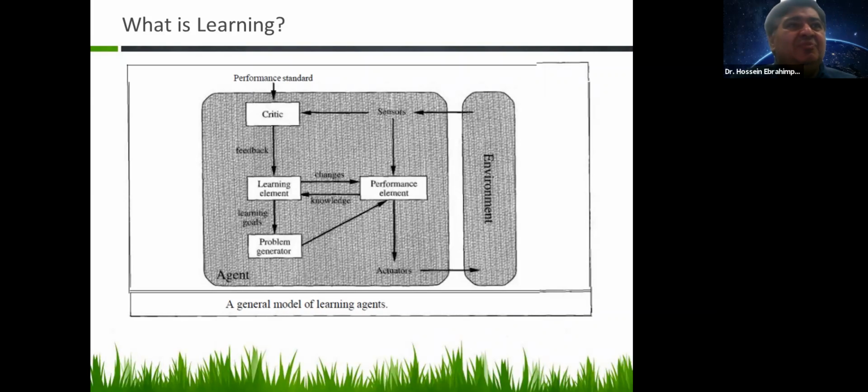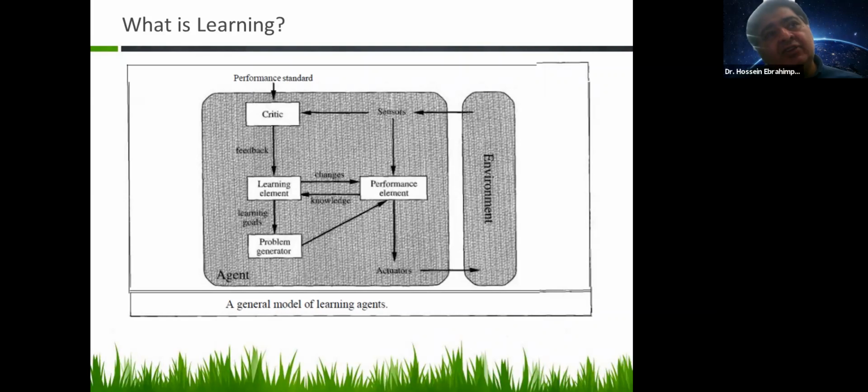But if you don't get any punishment for that action, you can repeat it more and more and more. So what learning says is that if you experience something and get a punishment or bad results of that action, you will change your action. So if you want to have a learning system, we must do it like that.